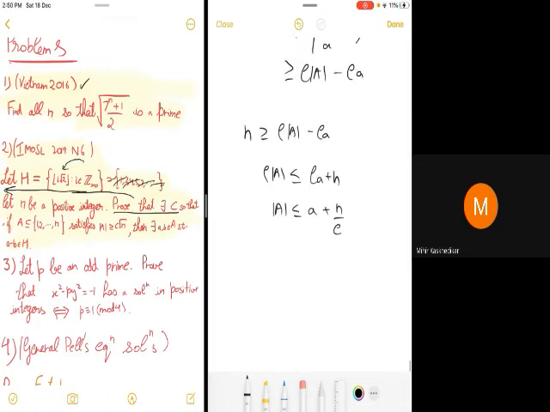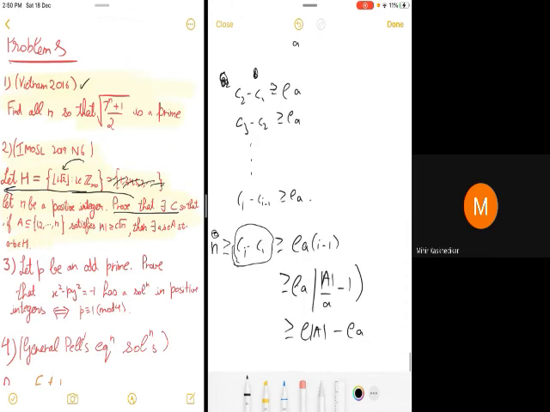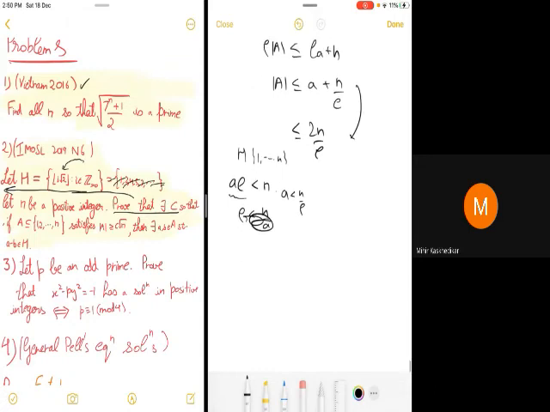And which is 2N by L. Notice that A times L was less than n because this was in H and in 1 to n. Thus, L is less than n over A is less than n over L. So we have a bound like this.